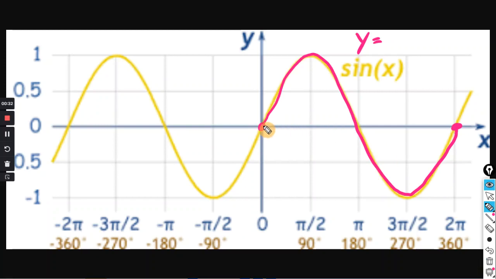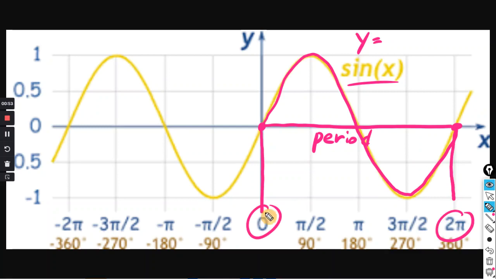This distance right here is the period. For a normal sine function, the period goes from 0 to 2 pi. So if we subtract 2 pi minus 0, the period is 2 pi.